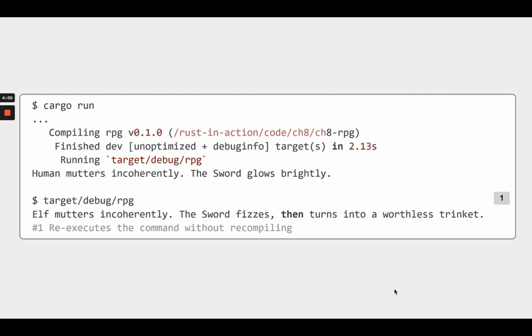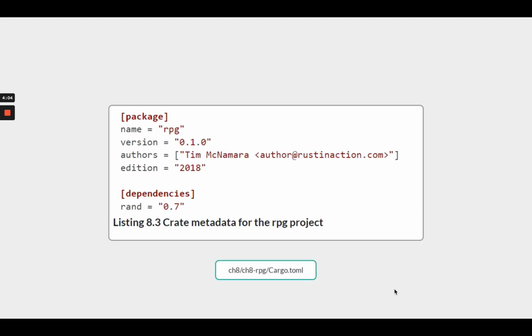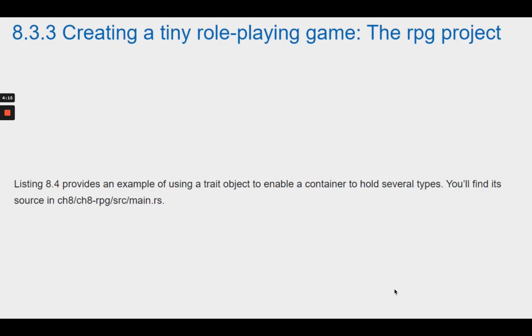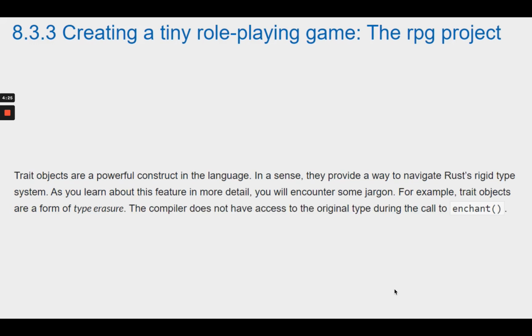Compiling and running listing 8.4 results in a variation of this. The following listing shows the metadata for our fantasy role-playing game. The source code for the RPG project is in this file. Listing 8.4 provides an example of using a trait object to enable a container to hold several types. You'll find its source in this file.